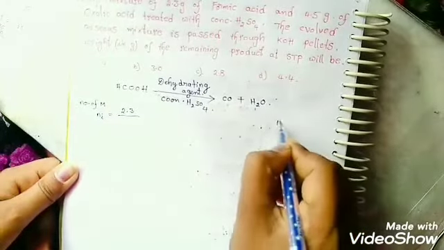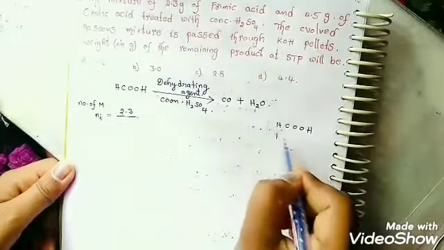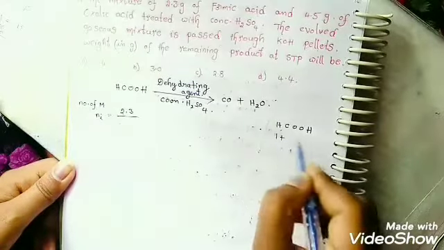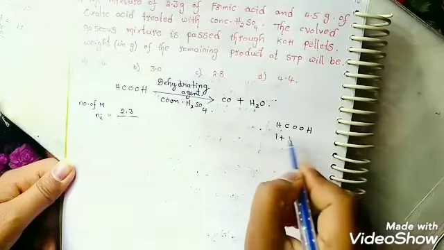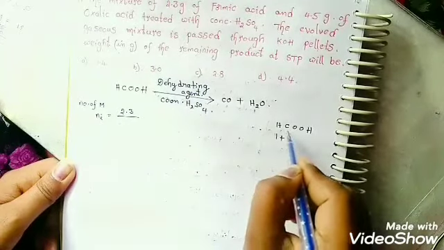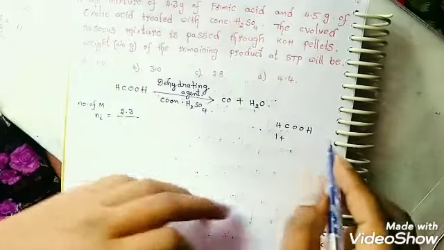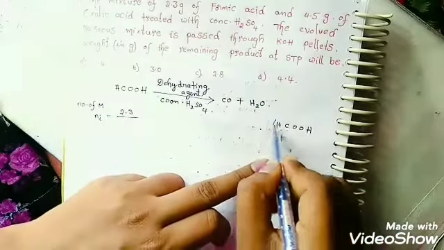So here HCOOH: hydrogen has atomic number and mass number both the same, carbon has atomic number 6 and mass 12.